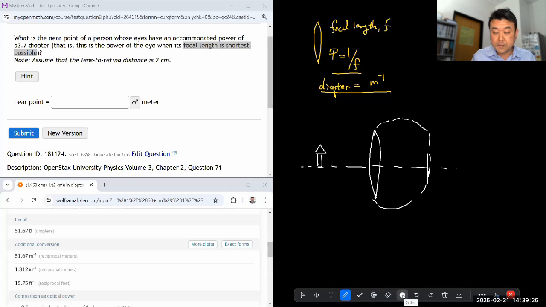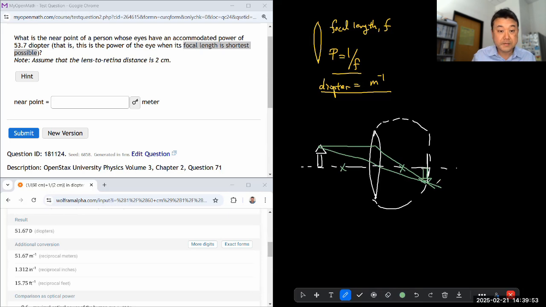I didn't quite draw this to scale, so let me put a focal length at a position where it's not really realistic. When this forms a real image on the retina, it's going to look like this. This will be the real image.